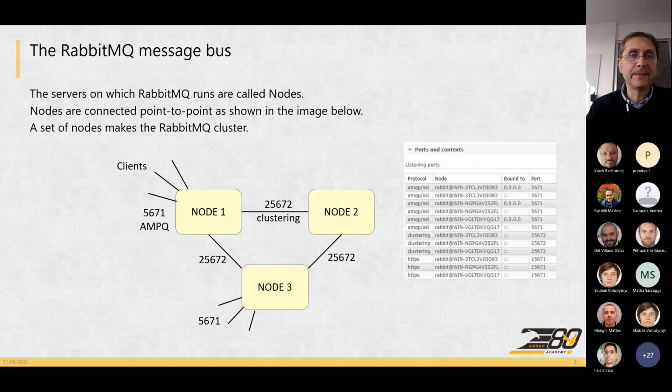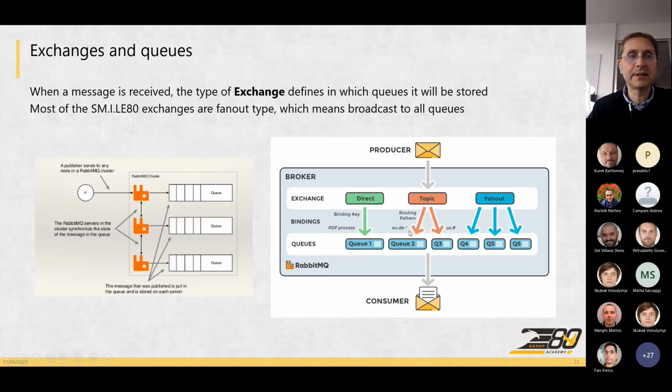Okay, so we say that we have these nodes that are connected together, that there are client connections, but what happens on this infrastructure? It is a message broker. So there are some messages, like mails, let's say, that are exchanged between the different servers and the clients. So there is a producer that is sending messages.